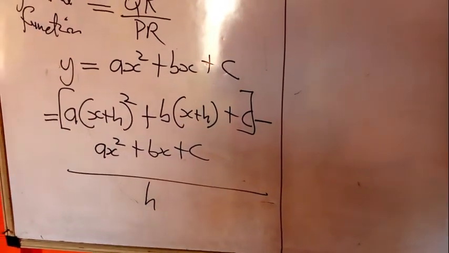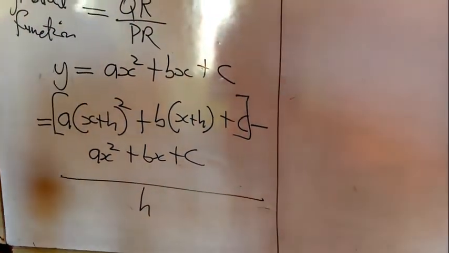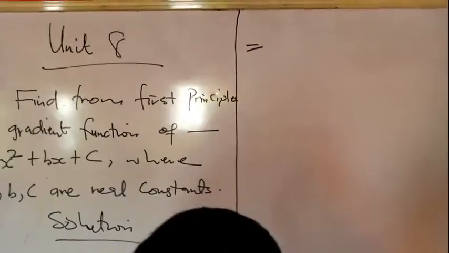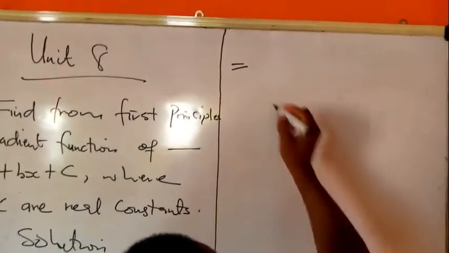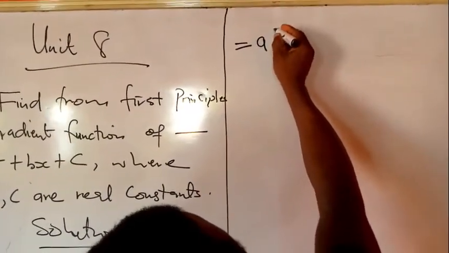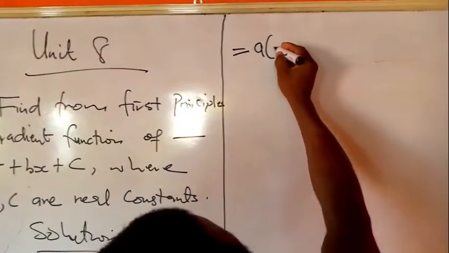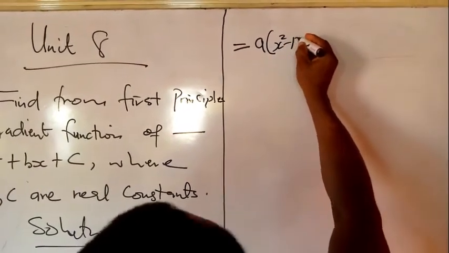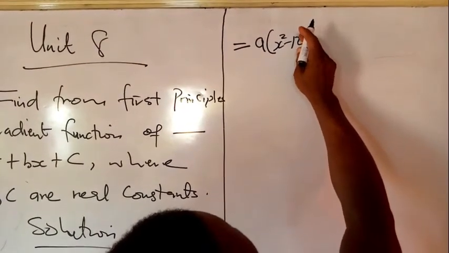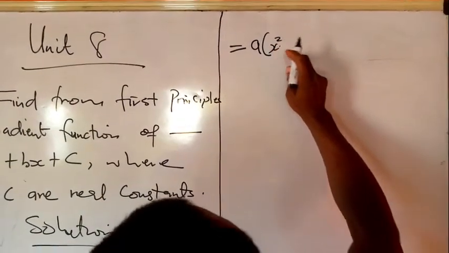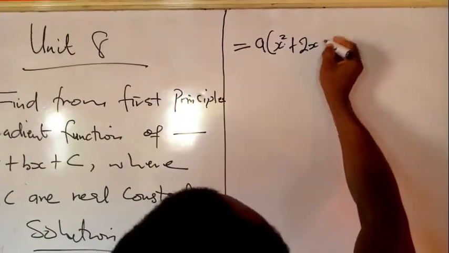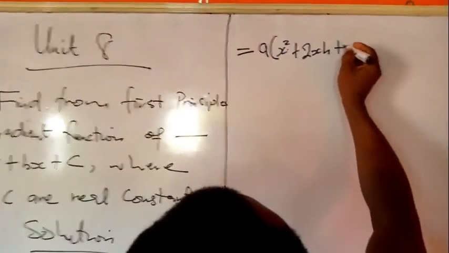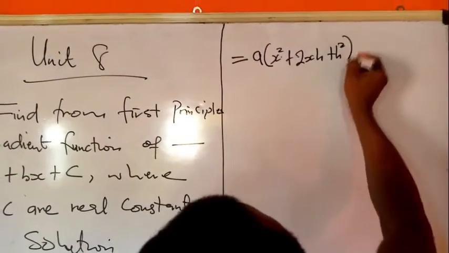So all we need to do now is to expand. We won't do that expansion for you because by now you already know how to expand. So what you are going to get is a into x squared plus 2xh plus h squared.